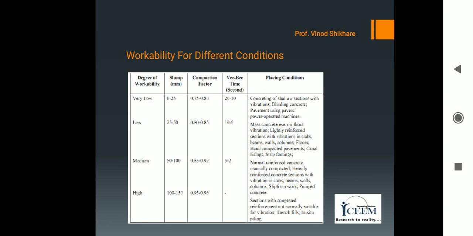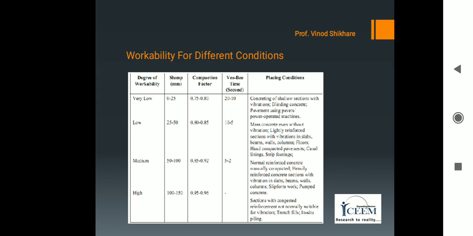In view of the above, we can conclude that for any type of work, the concrete mix should have the minimum possible workability so as to achieve satisfactory and maximum compaction. However, as a guideline, the table can be referred to find out the relative workability for various types of work conditions.